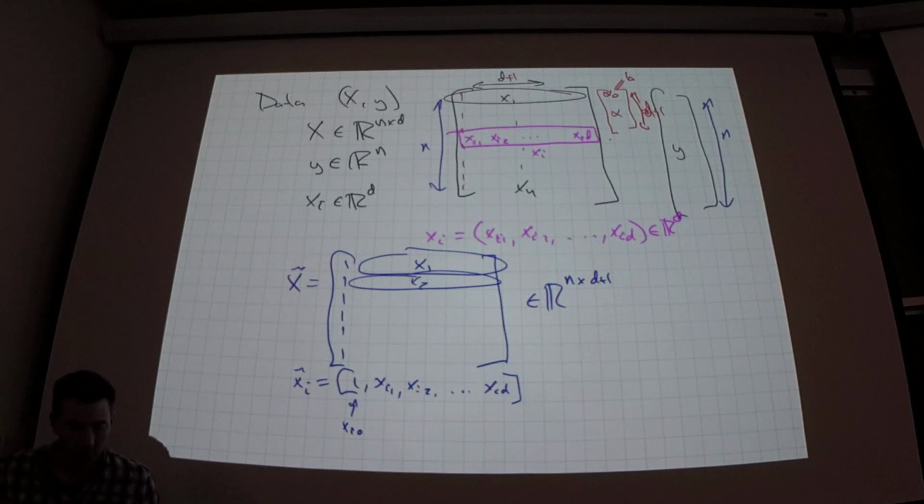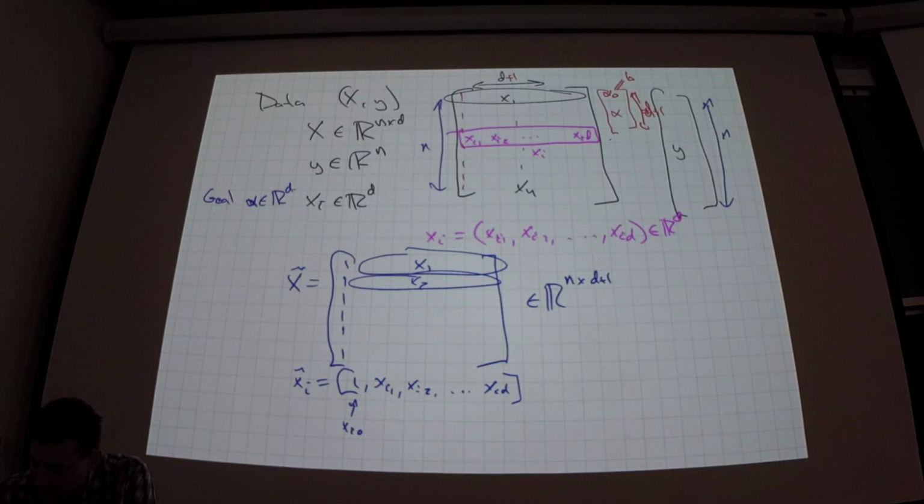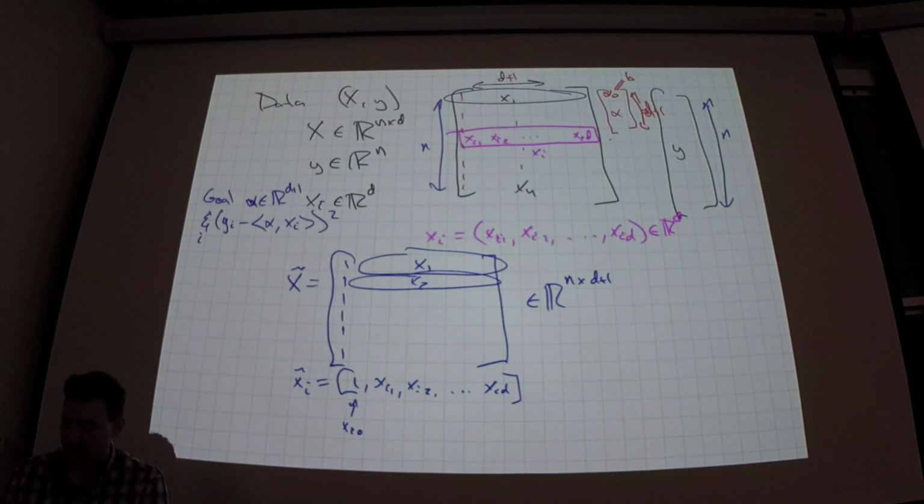Okay. So now, once I have this, I still want to solve. The goal is to find this alpha model now in R^(d+1), which is going to minimize the sum of yi, which is still a scalar, minus the dot product of alpha, which is a fixed model, times xi tilde, squared.